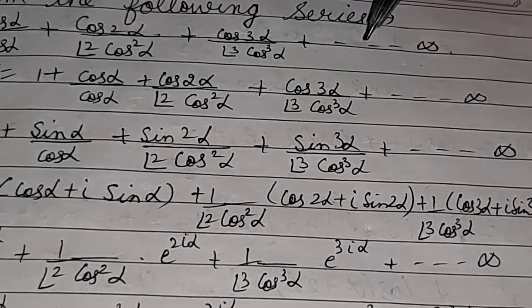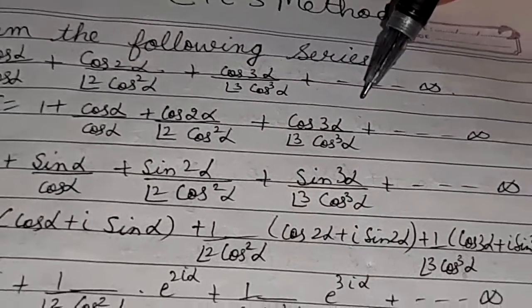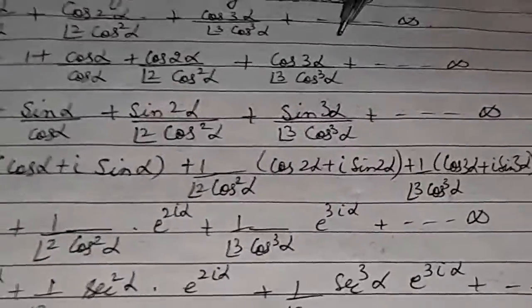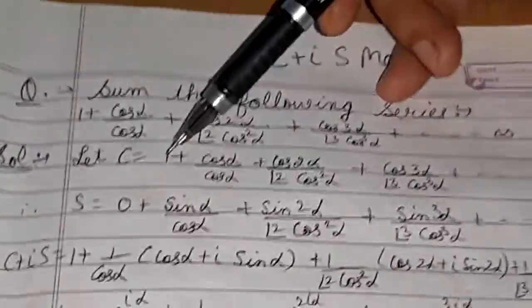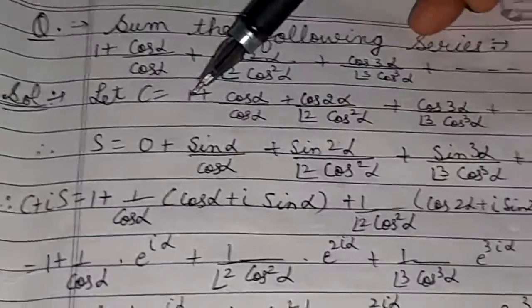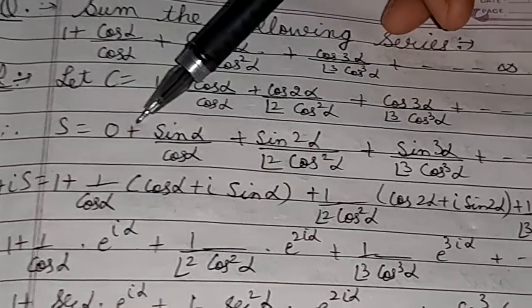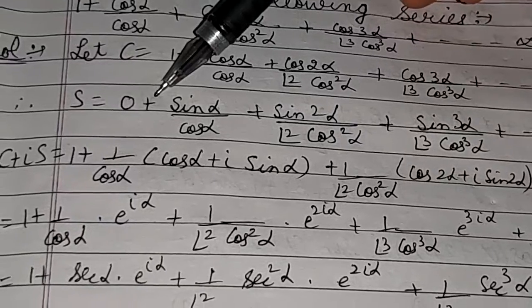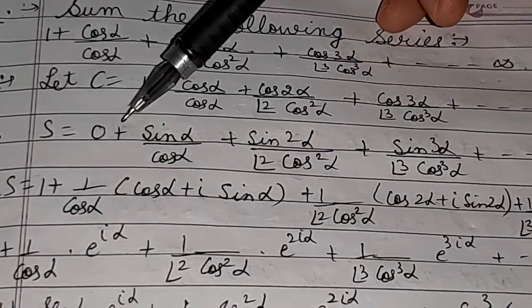Now corresponding to the cosine series we want to find the sine series, which will be denoted by S. If in the cosine series we have constant 1, then in the sine series it will become 0, because we want to find C plus iota S. So 1 in complex number form can become 1 plus iota into 0.